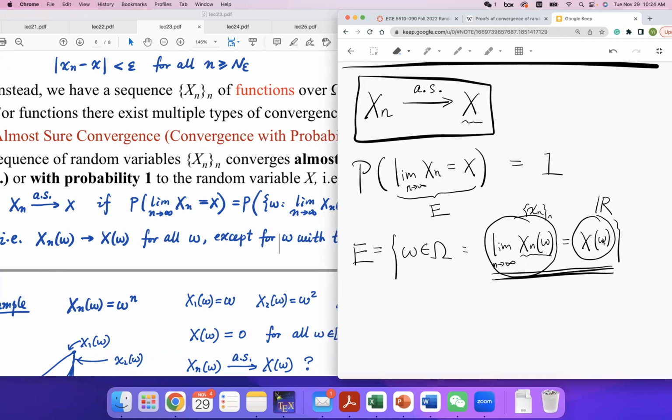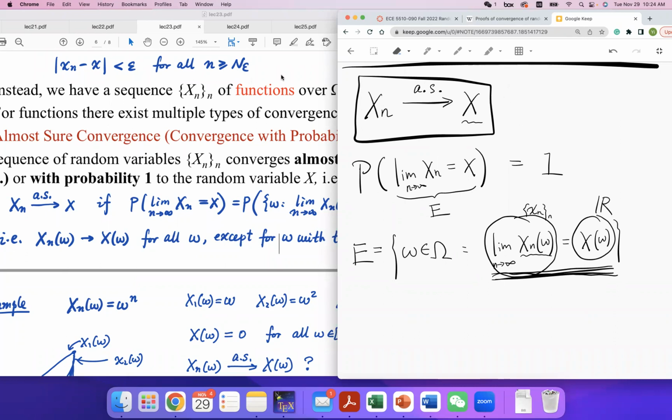Based on this criterion, you can examine all the outcomes one by one throughout the omega space. You collect all those omegas that satisfy this criterion into this event E. That is how this event E is defined.